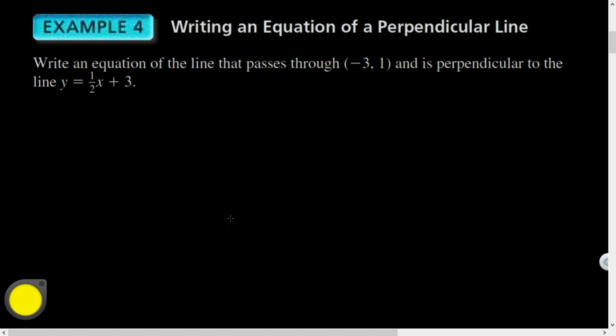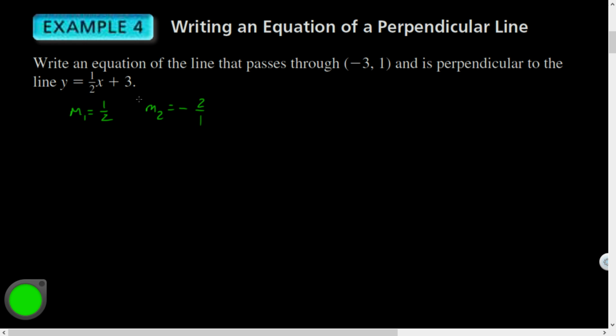Since the slope of the line they gave us, slope 1, is equal to 1/2, what do you think the slope of our line is going to be if it's perpendicular to it? What is the opposite flip of 1/2? Yeah, 2/1, and instead of positive, this will be negative.